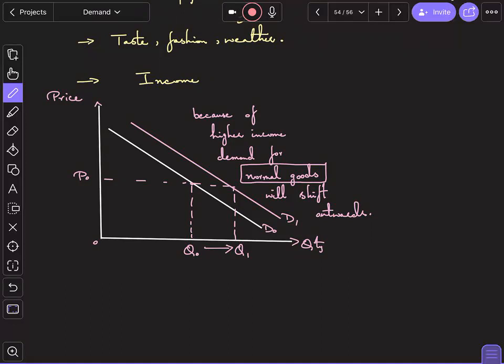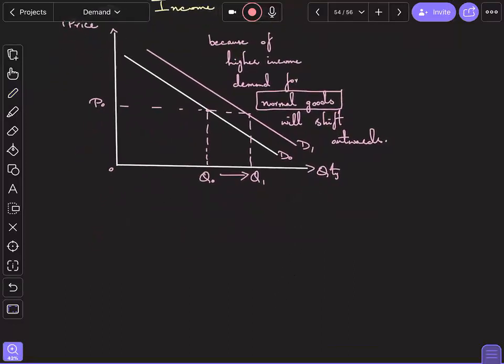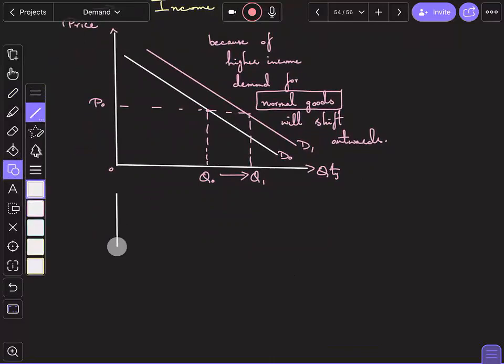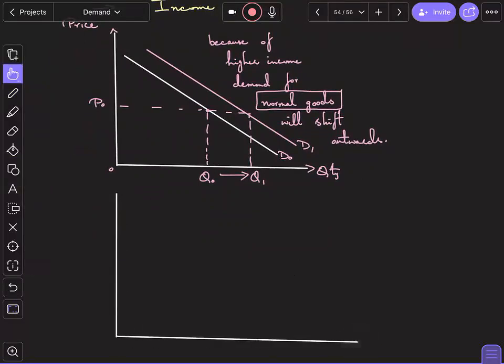If the average income in the economy is going up, then people will leave public commute and move towards private commute. They will start buying bikes, they will start buying cars. So what will happen to the demand of inferior goods? The demand for inferior goods will shift back.